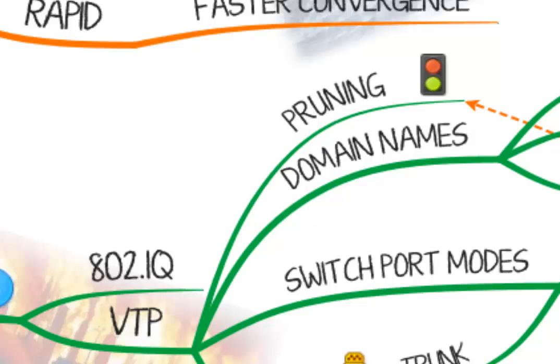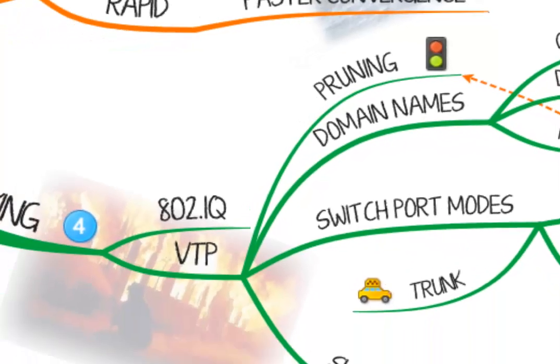VTP pruning is a performance feature where you reduce broadcasts, which is always going to increase performance, because if a group of switches is not part of a VLAN, then it doesn't need to be bothered with the traffic. Pruning makes it so that only the switches involved with a change get the update, and not everybody else.